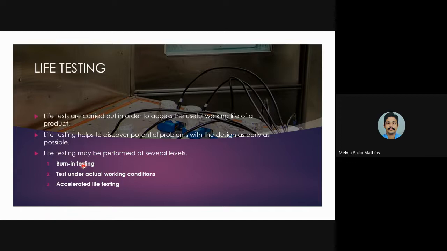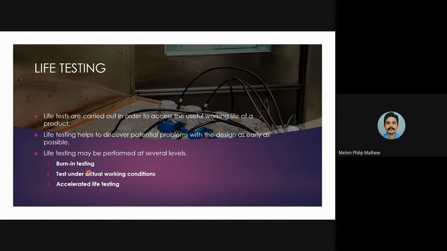And nowadays we know that in mobile phones and all there are waterproof features. So for testing that, they are putting the mobile phone in the water and testing how long it takes, if any water can penetrate. So it may take some time. Okay, and these all come under burn-in testing. So we are destroying the product by burning or any other load testing. It comes under burn-in testing.